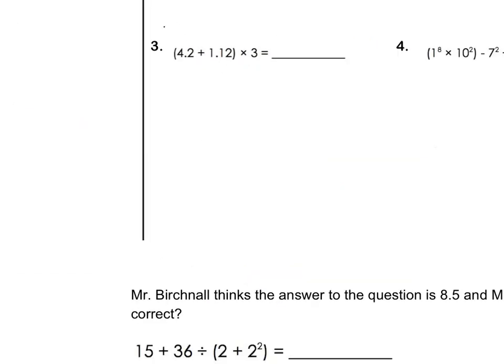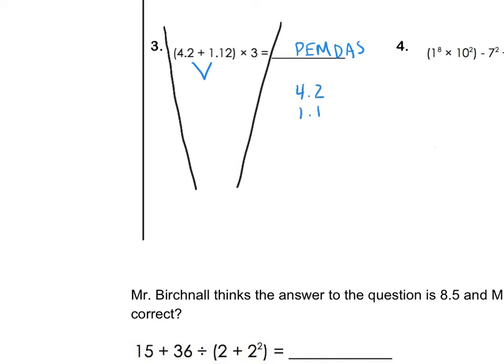Let's come down and do number 3. So remember, first, let's follow our PEMDAS. I'm first going to solve what's inside my parentheses. Don't forget, when you add, line up those decimals. So I get 5.32.